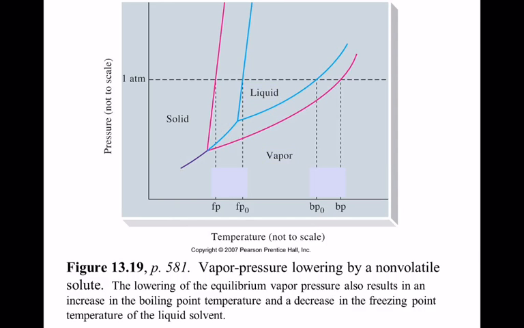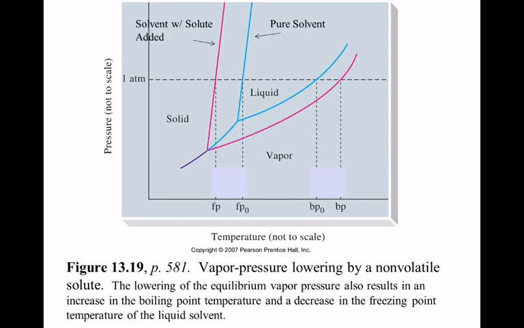The red curve, which is greatly exaggerated, is the same stuff to which a solute has been added. It comes down and over.